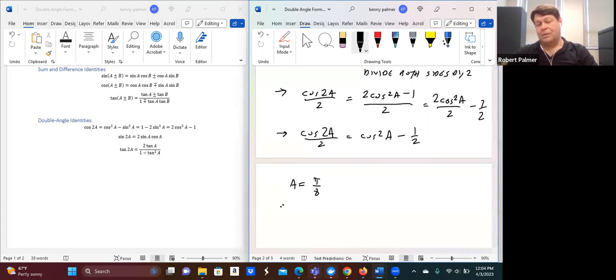And so that means 2a is just twice that, so 2 times pi over 8, which would be 2 pi over 8, which is pi over 4.